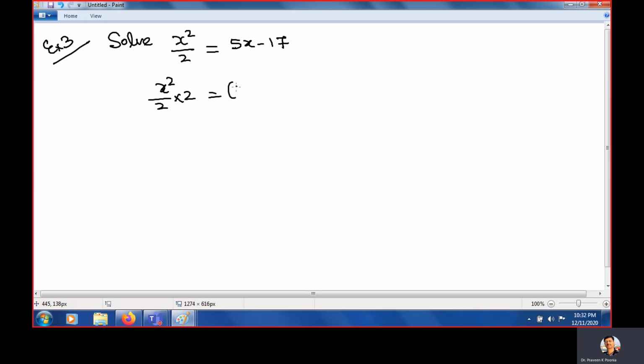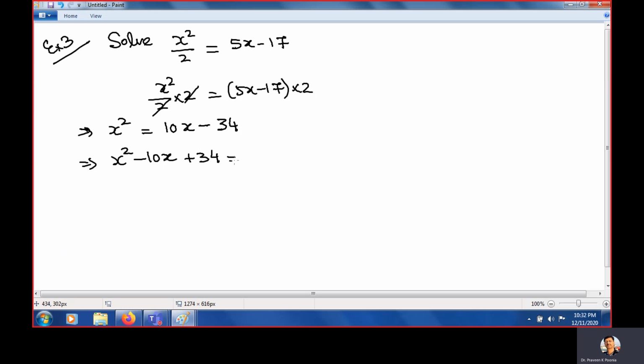Multiply 5x minus 17 by 2, 2 cancelled by 2. So what we are getting, x square equal to 5 times 2 is 10x minus 17 times 2 is 34. Now bring everything left side, x square minus 10x plus 34 is equal to 0. Clear? This is the equation.